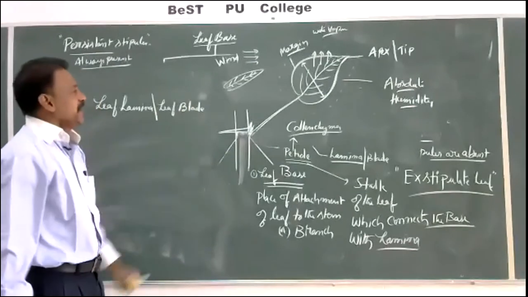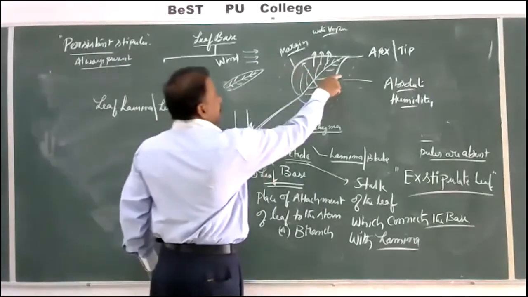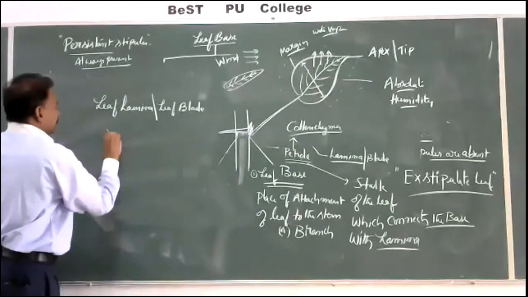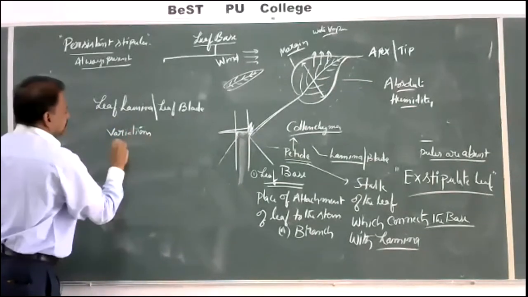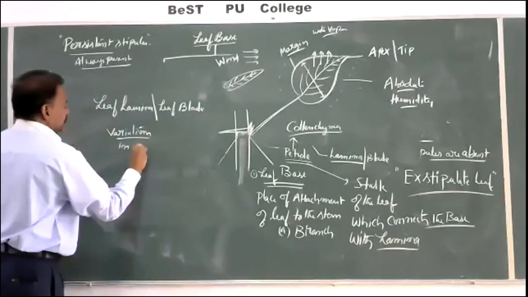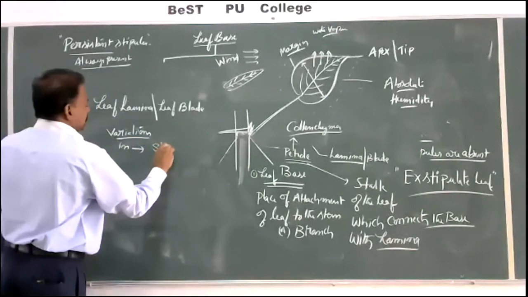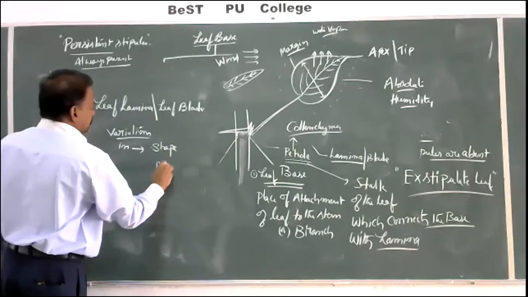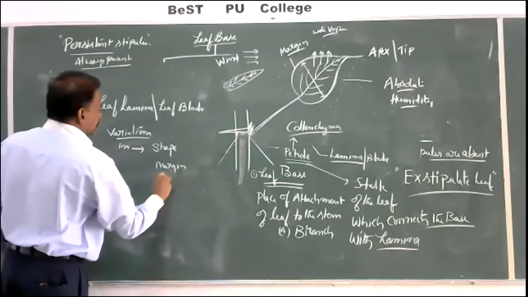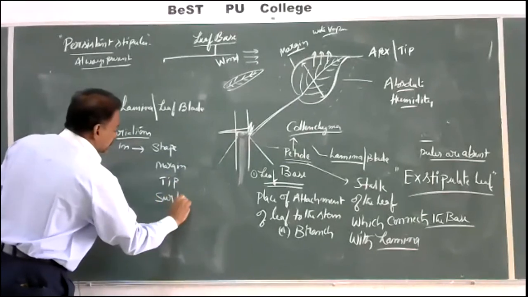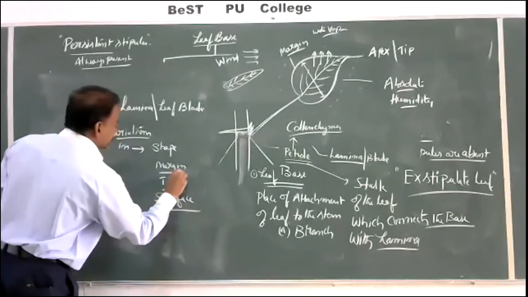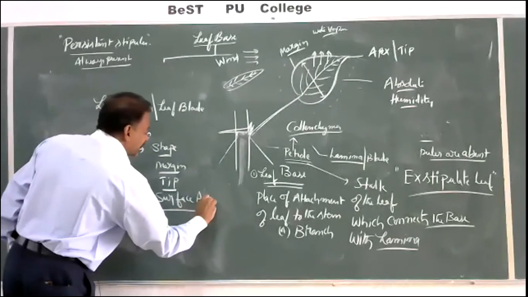And the lamina has variations, meaning changes in shape, margin, tip, and surface area.